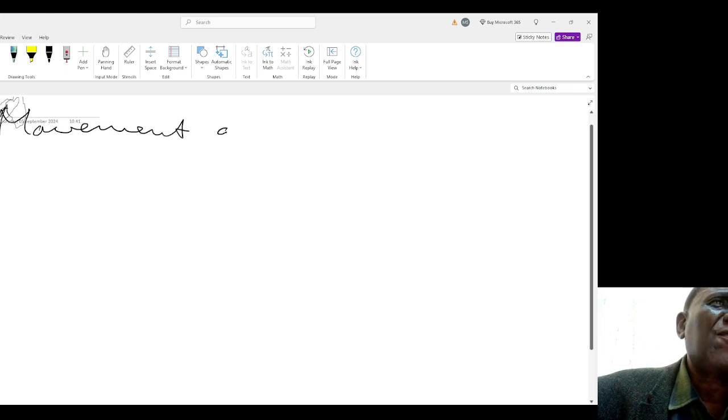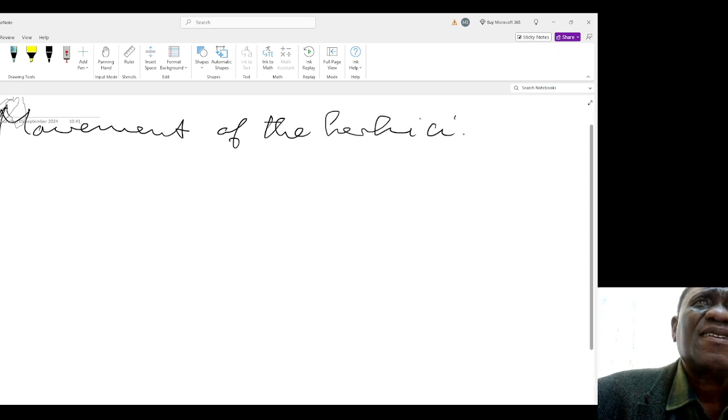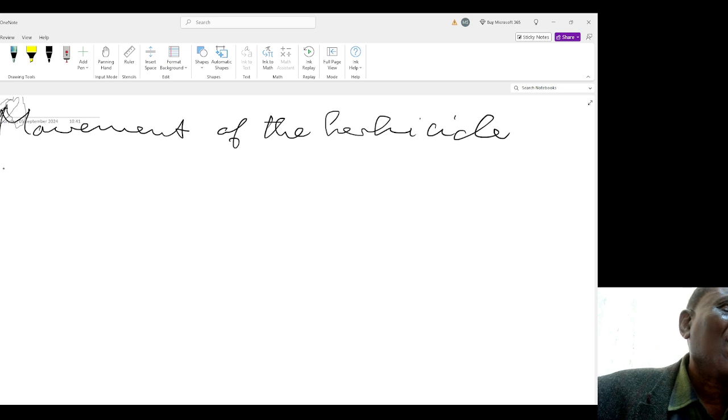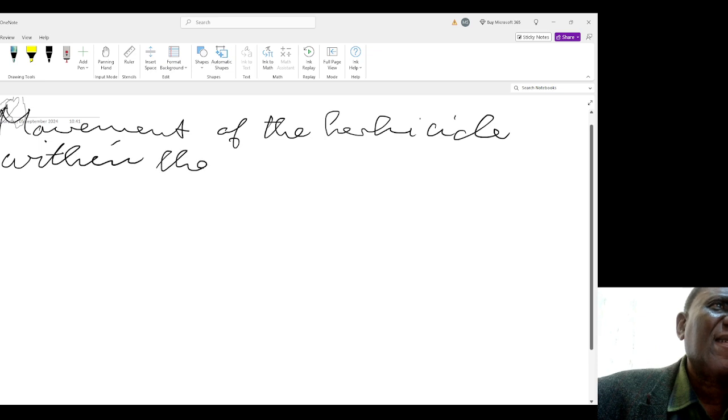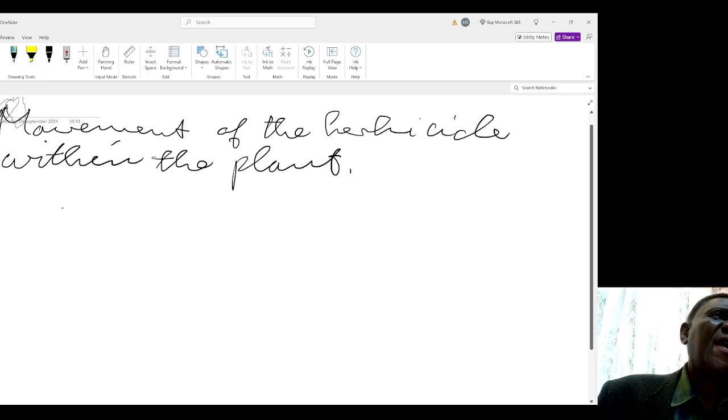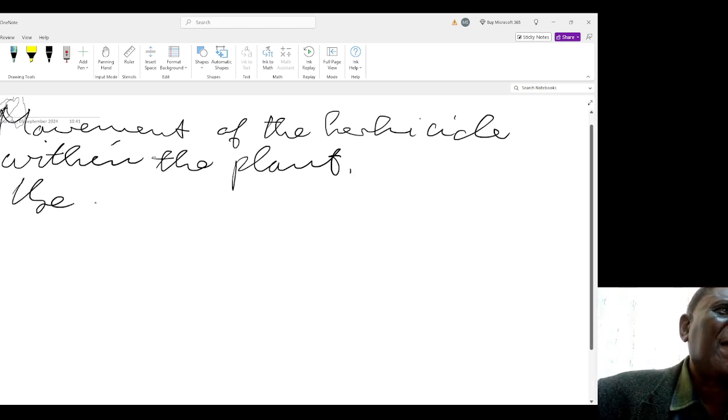Movement of the herbicide within the plant. Let us use the example of 2,4-D.